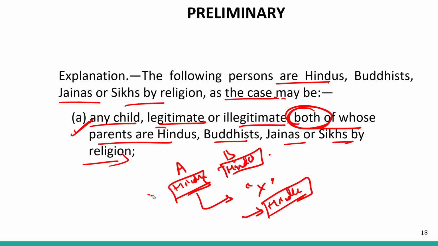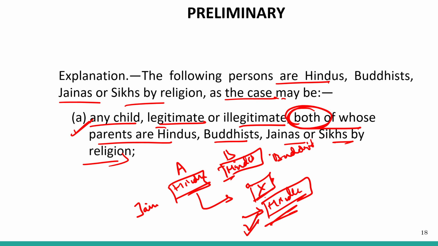If instead of Jain it is a Buddhist, and another is Hindu, then also it will be considered as a Hindu. If there are two people, one is Jain, another is Buddhist, then also X will be considered as a Hindu.